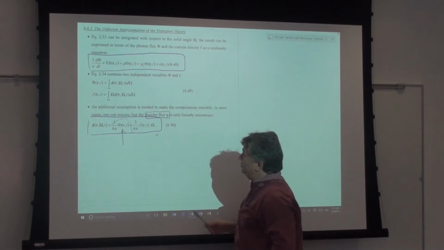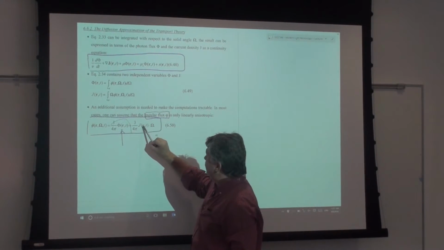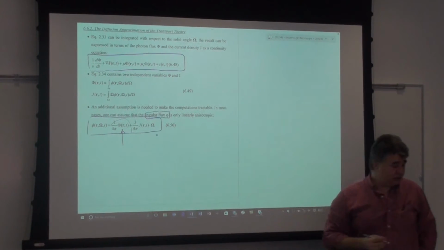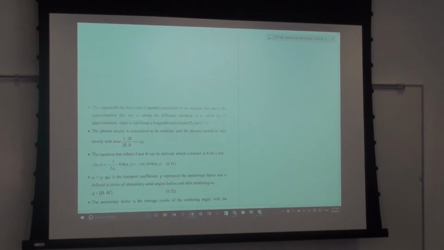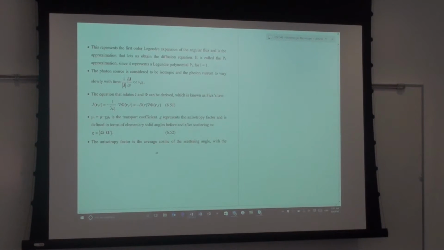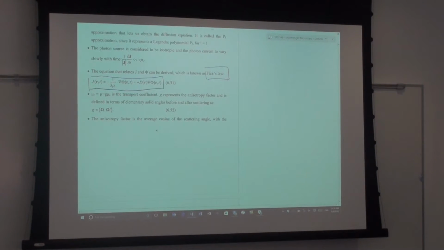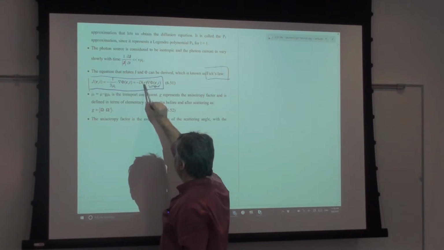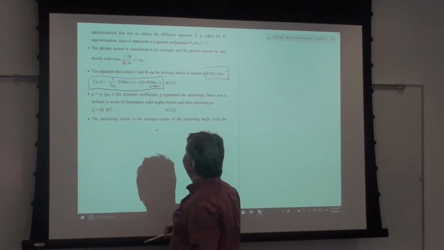If you do this, essentially what we managed to do is to connect the current to the flux, basically. So if you plug that back into the transport equation at the end of the day, you get this, which has a name. It's called Fick's law. Okay, so it connects J with the gradient of the density. So I'm sure you've seen this many, many times before. And the proportionality constant is actually what is called the diffusion coefficient.